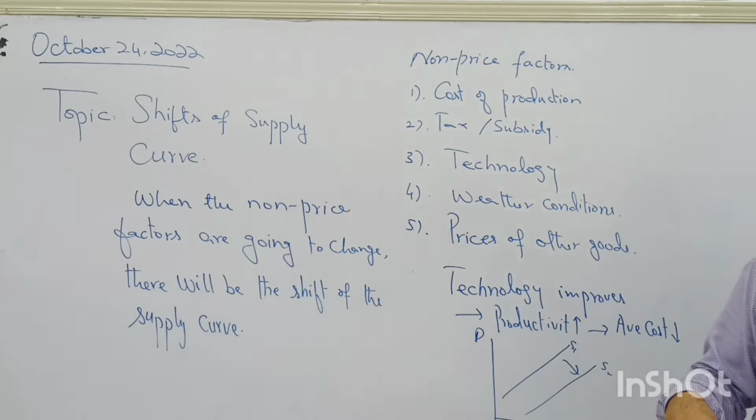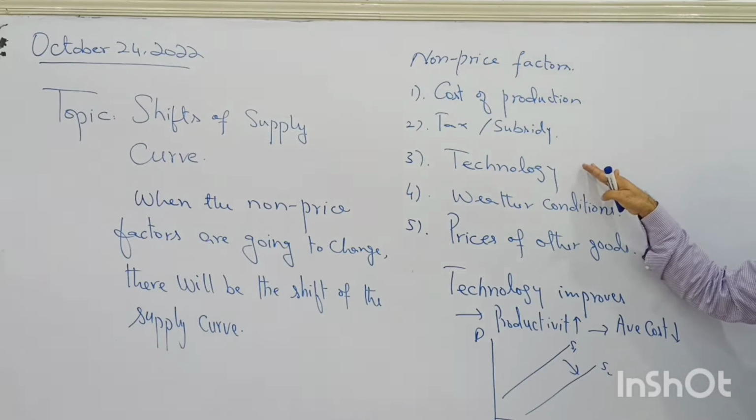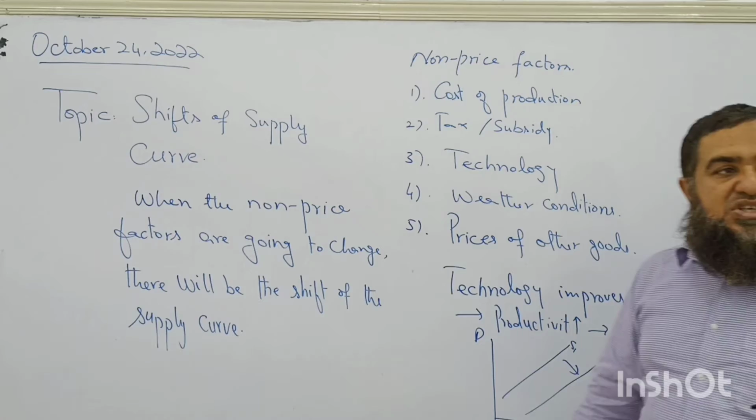That firm will not be able to supply more output in the market. Rather it will supply less output because of the previous, less productive technology present in the firm. So outdated technology will increase the per unit cost of production and shift supply leftward. Now what about the weather conditions?